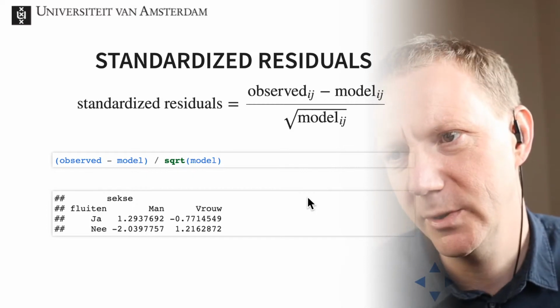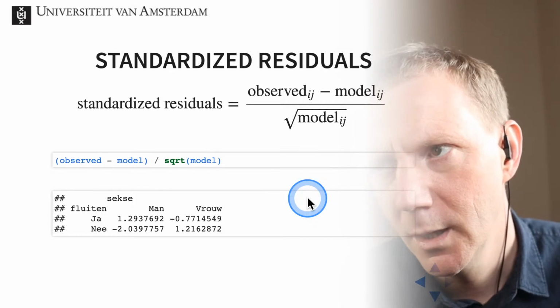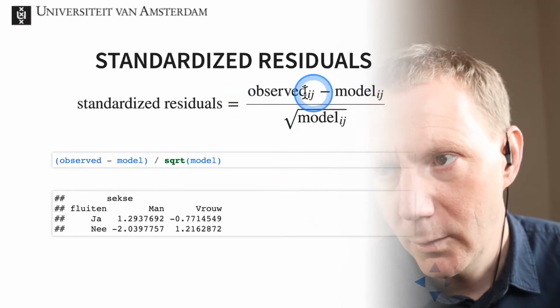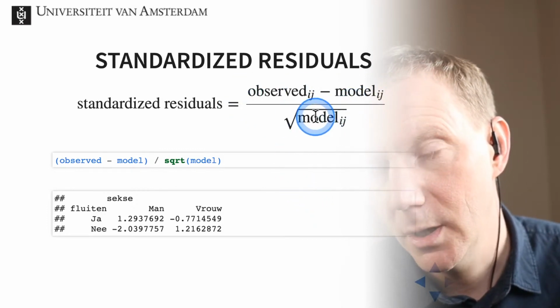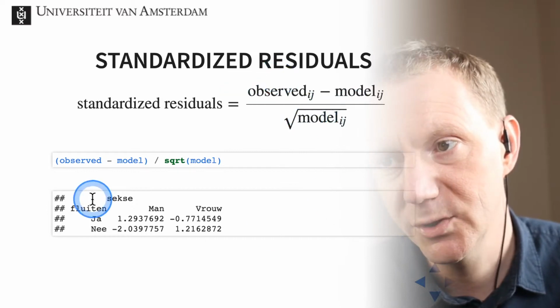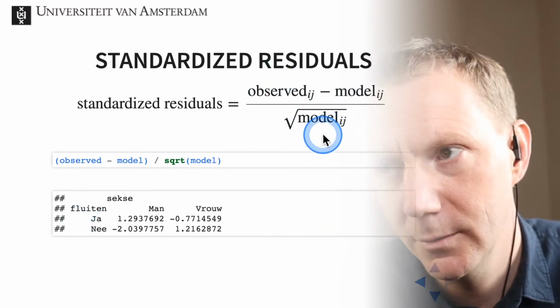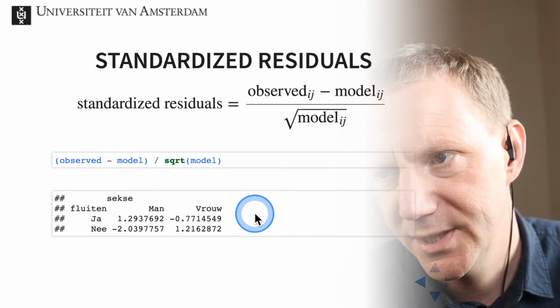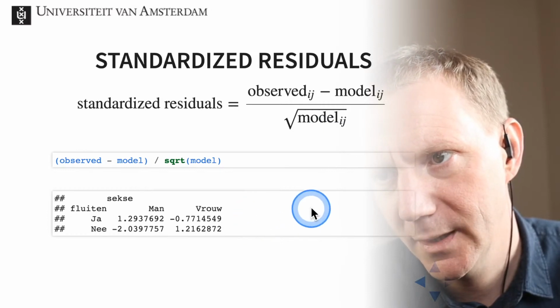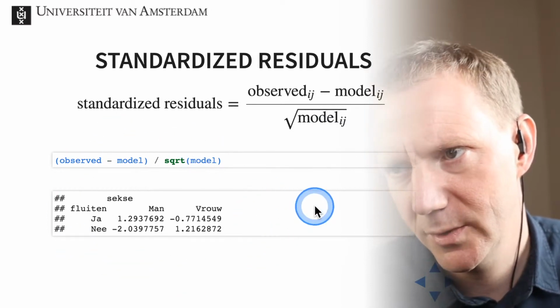It's the same principle here. But because we are applying this to a matrix, you also get a matrix as a result. So by doing so, we see that after standardizing, these are the results.